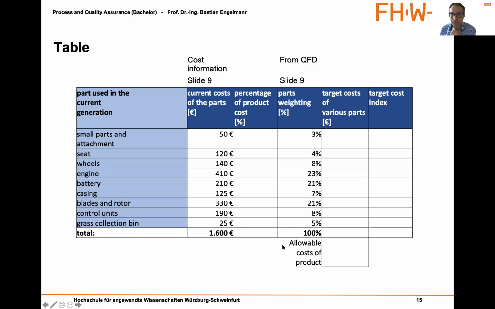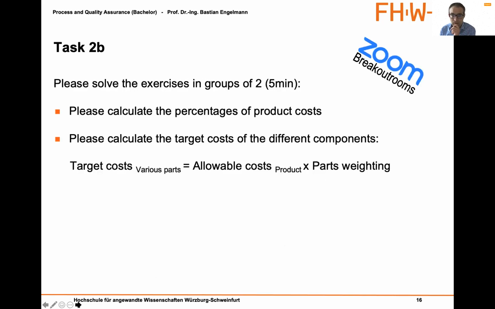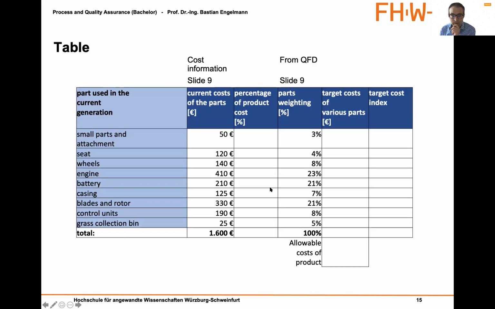I will distribute you in breakout groups so that you can compare. And then we will talk about the results in a few minutes. All right. So I will put you in breakout groups, and please fill out here the 3 columns.